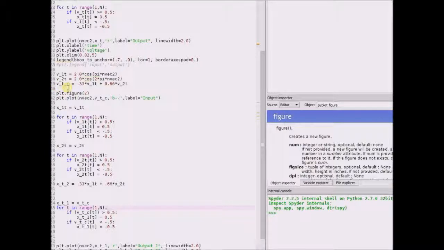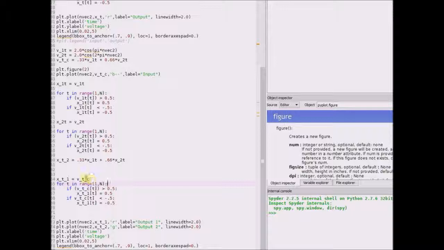Then you have a new combined input, a linear combination of the two inputs V1 of t and V2 of t, which we call Vt underscore c. Then we compute x1 of t and x2 of t. x2 of t is the linear combination of the corresponding individual outputs, and xt1 is the output when the combined input is given.